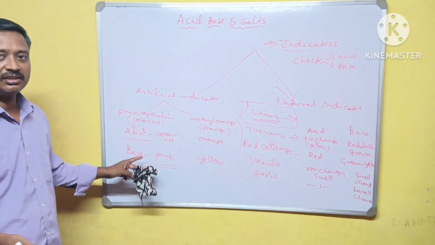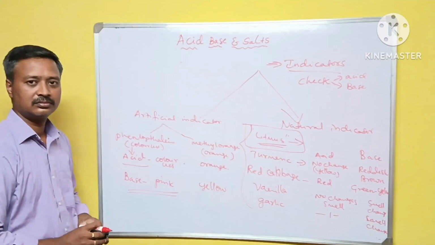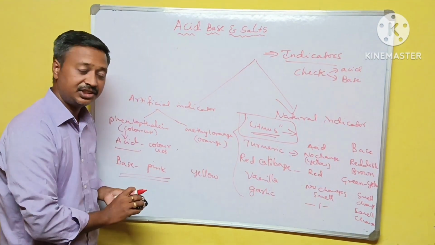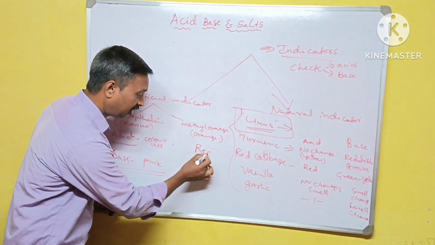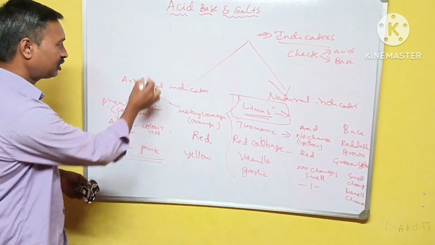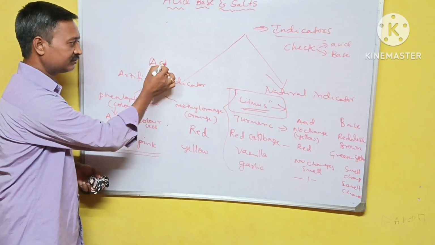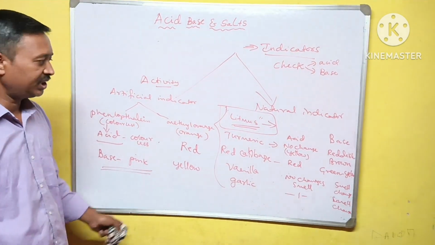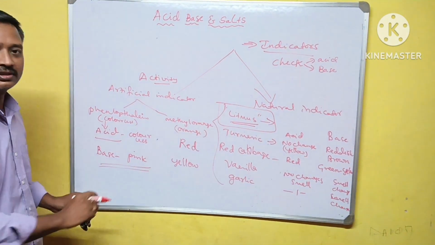If colorless, then it is an acid. One small correction: the color of methyl orange is red with the acid. It is also given in the activity, so go through the activity, you will get all the details.